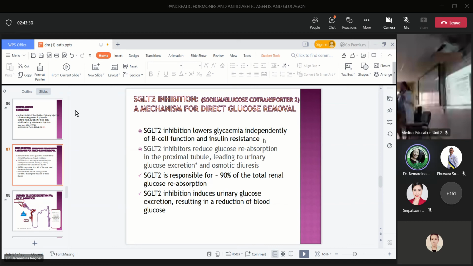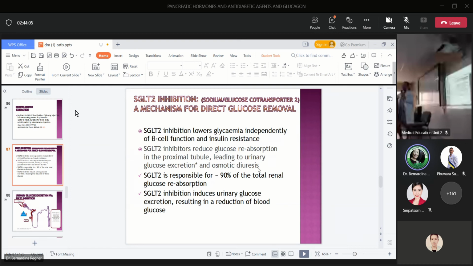I repeat, SGLT2 inhibitors will reduce glucose reabsorption in the proximal tubule, which can lead to urinary glucose excretion and osmotic diuresis. That means glycosuria. This is responsible for 90% of your total renal glucose reabsorption. SGLT2 inhibition will induce urinary glucose excretion, resulting in the reduction of blood glucose.